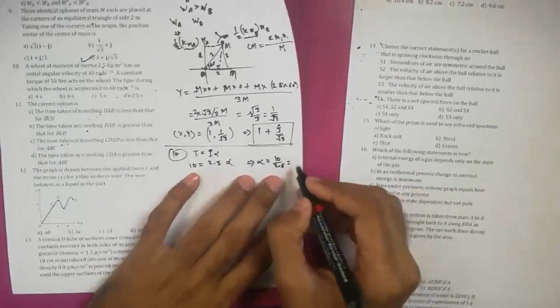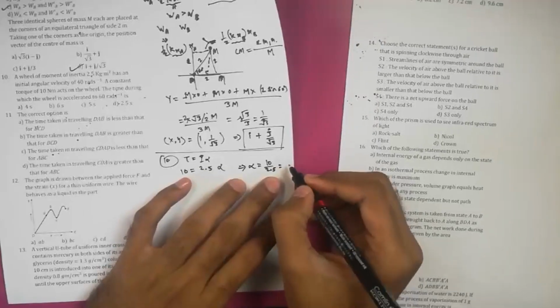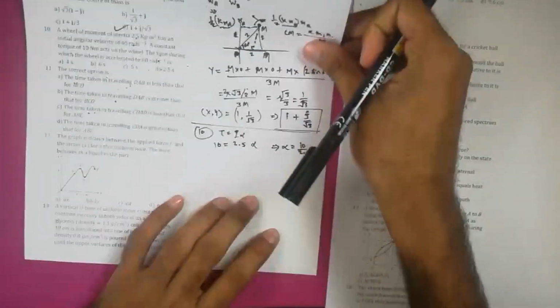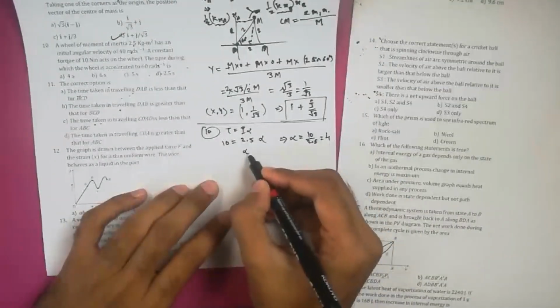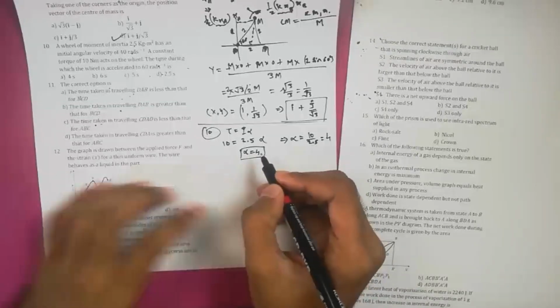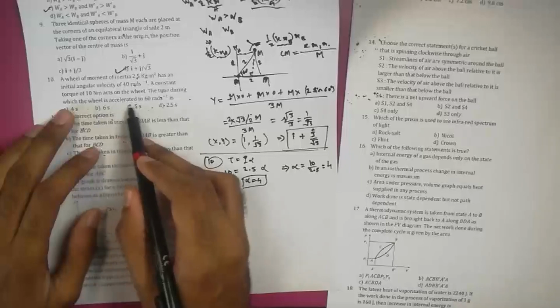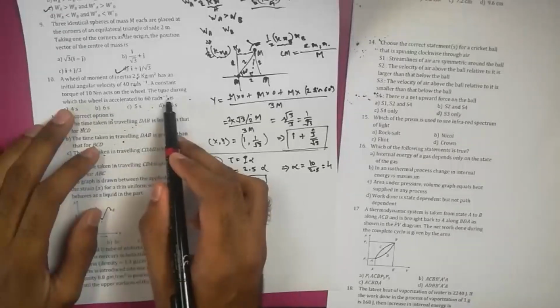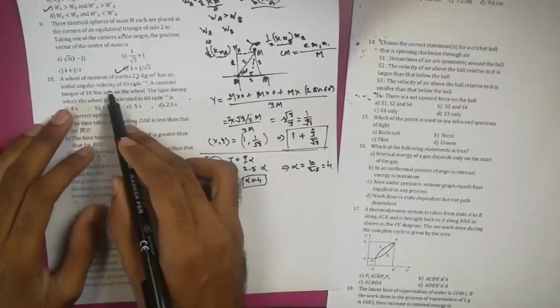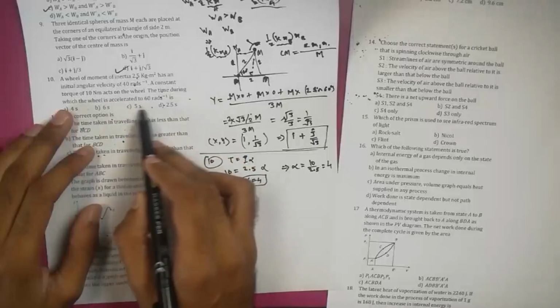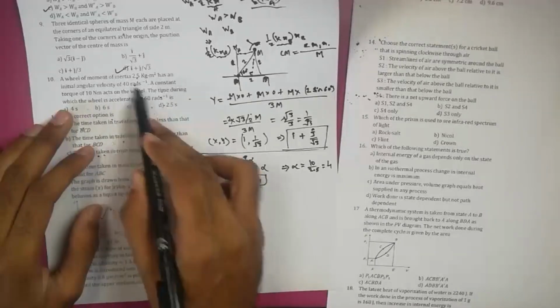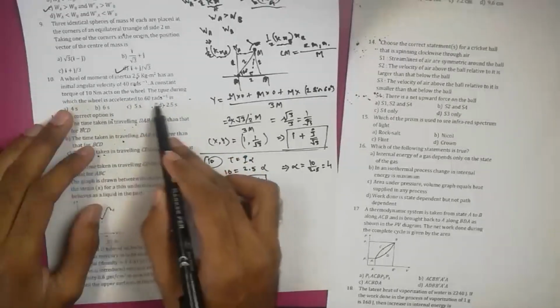We want to find the time during which the wheel is accelerated to 60 radians per second. It has an initial angular velocity of 40. Now we want the time duration it will take. We know from the kinematic equation for circular motion that omega is equal to omega 0 plus alpha t.